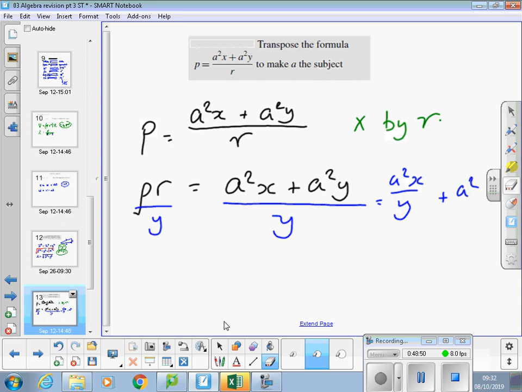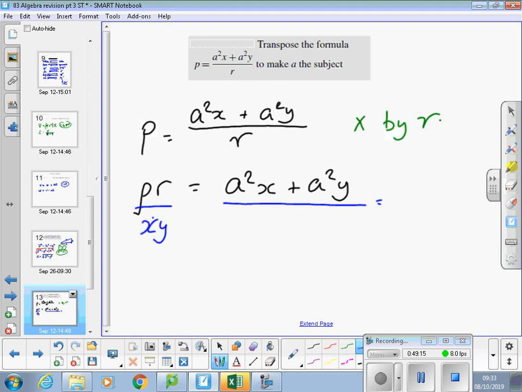If you divide that side by y, that's the whole of this side, and that will cancel that y term, but that term being an x doesn't cancel. You can't do that. If you divide by xy, for a start they're terms that are added.